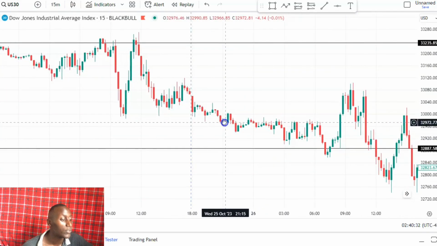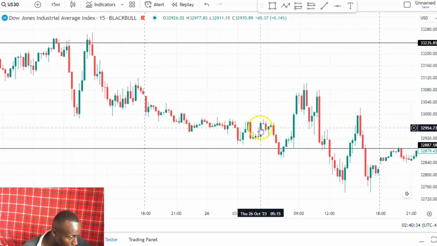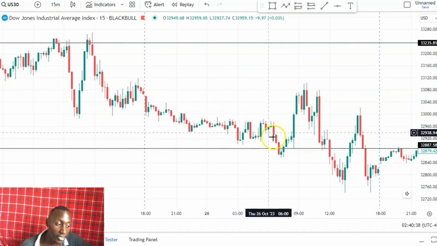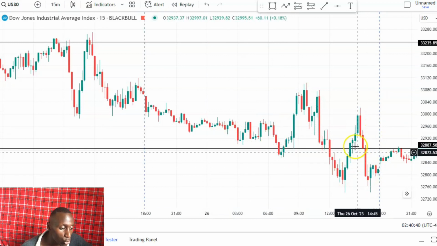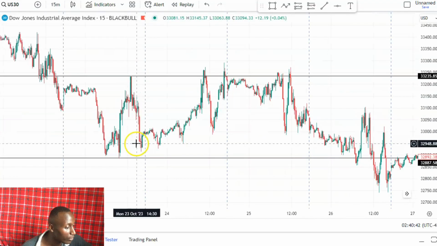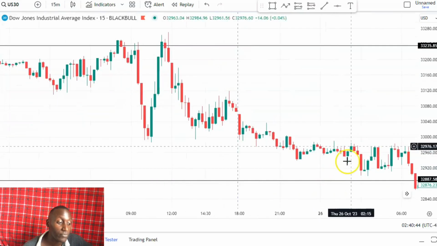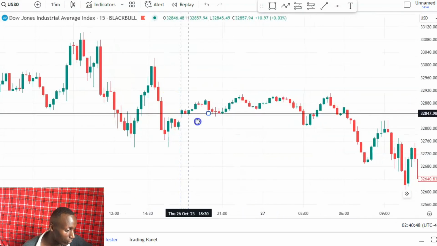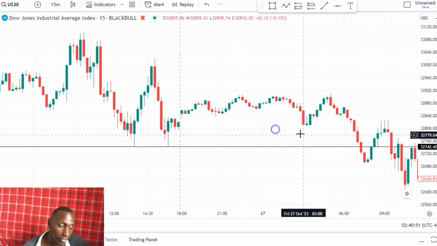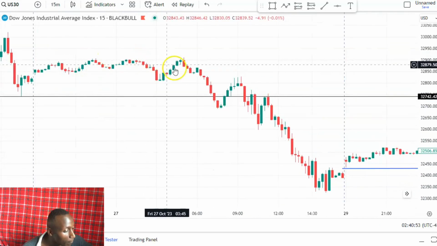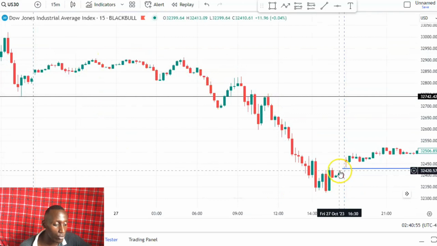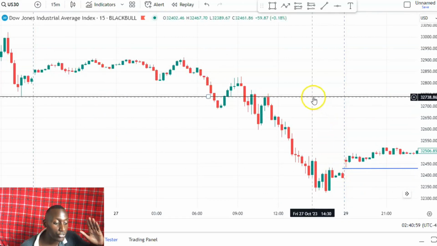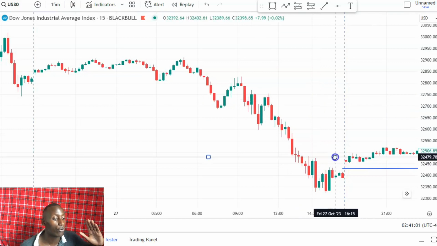On Thursday, unless now we broke out of the low of the week, we are still selling on Thursday. And price broke out and closed outside of the weekly range. Meaning, our thesis is continue selling on Thursday. Now, this is the new low of the week. On Thursday, price breaks out again and closes outside of the range of the week. That means I continue selling on Friday.